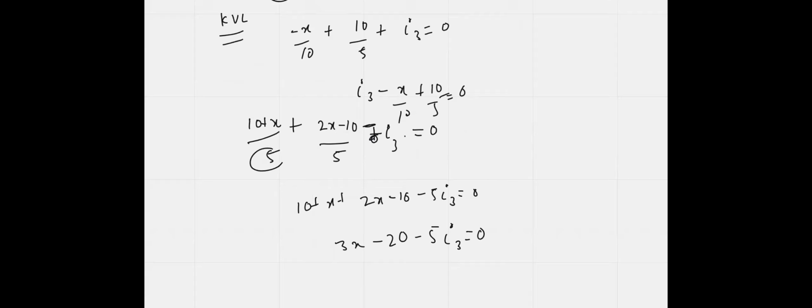If you just resolve this circuit, this is 10 times I3 minus x plus 20 equals 0. I really don't want x. If I get I3, that is more than enough for me.